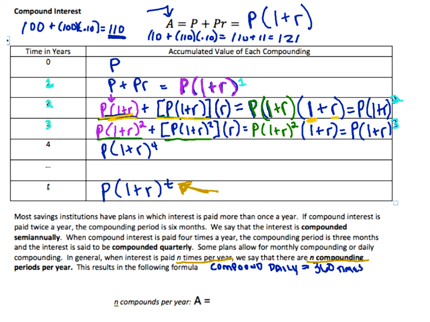So we have to modify that particular formula to account for how many times a year this thing is getting compounded.